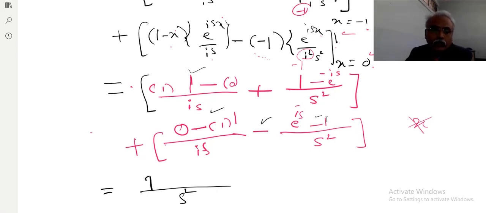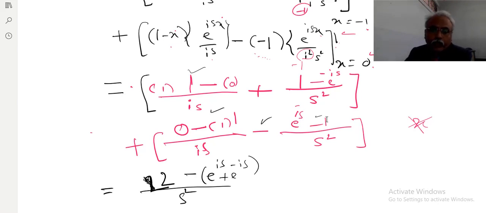So shall I write it as 2? So 2. Then these exponential terms both are negative, minus and minus. One is e raised to plus is, one is e raised to minus is. So that 2 minus e raised to is plus e raised to minus is.